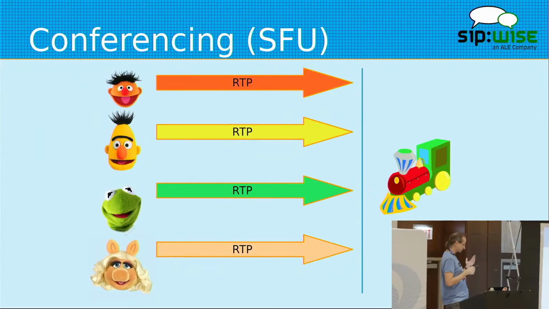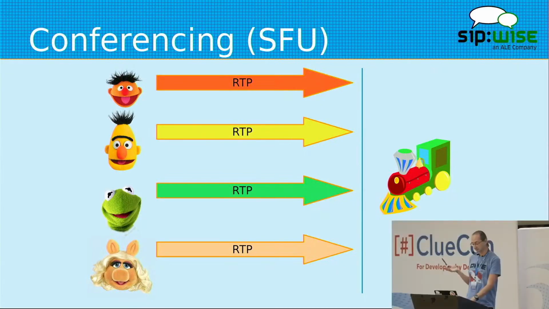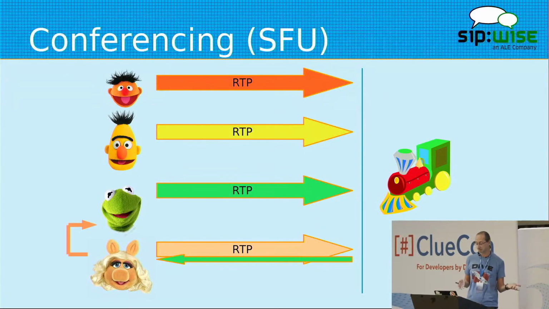And I'm sure you've seen this coming. This is what a typical conferencing setup looks like. You have a few call parties, each one publishes their stream. These are send-only streams, and without subscriptions, those aren't going anywhere. So we can add subscriptions now.